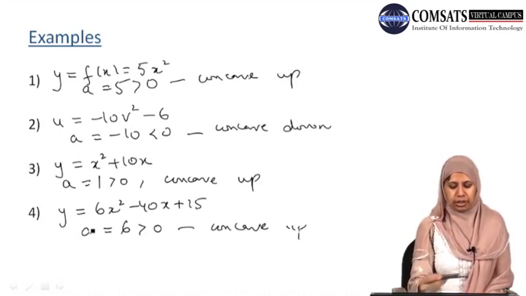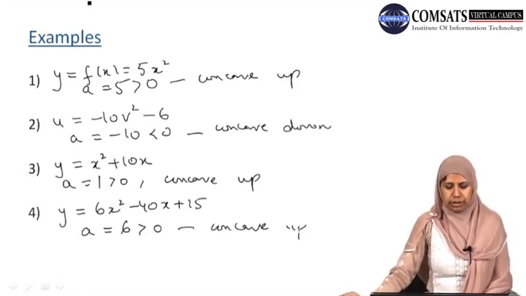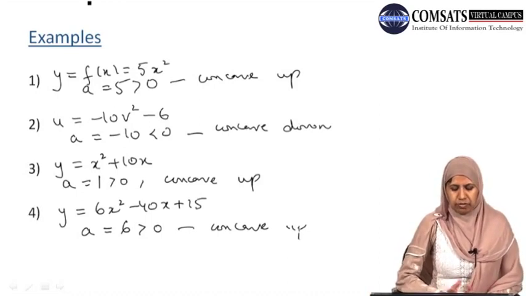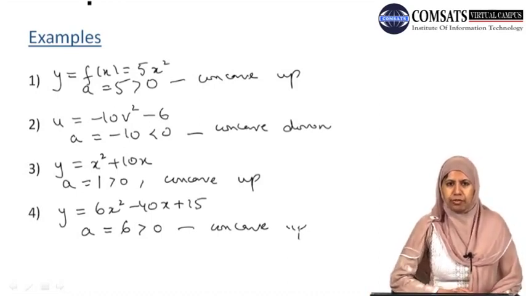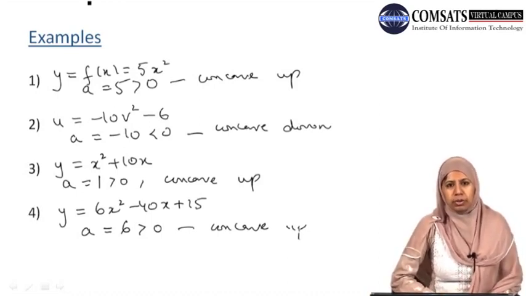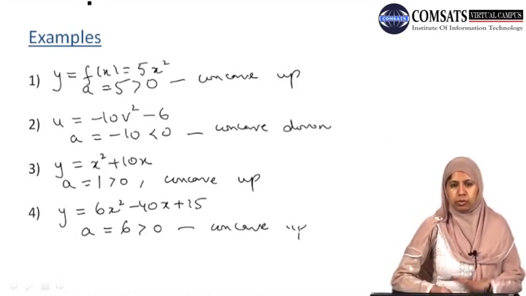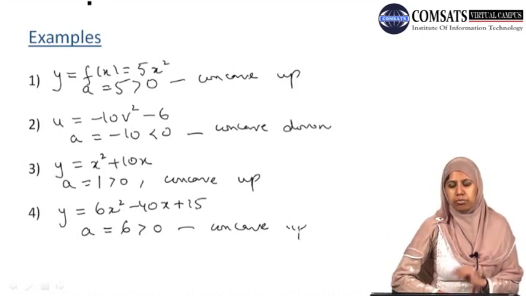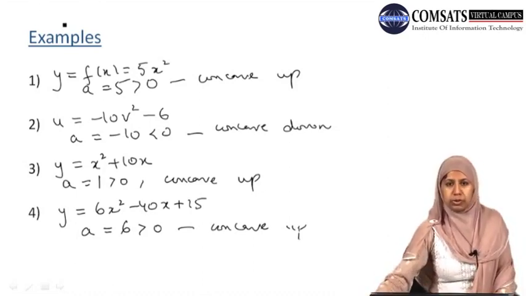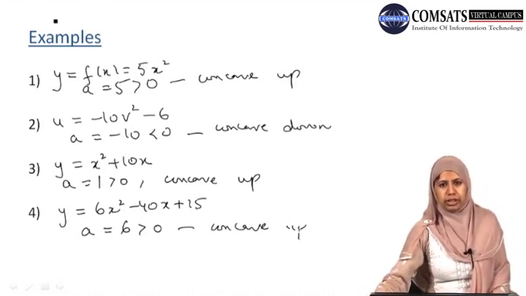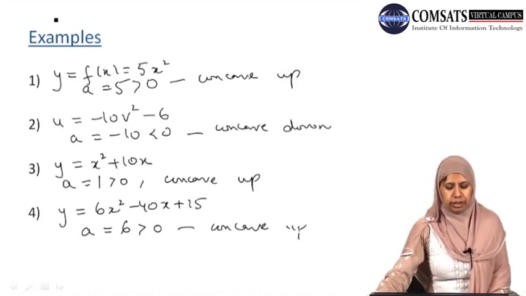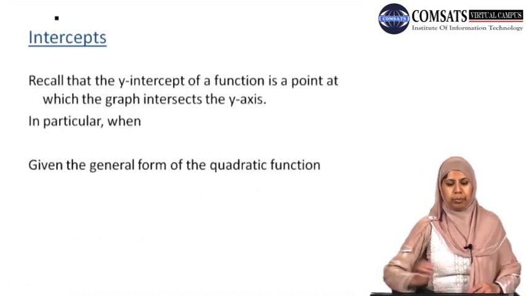So just by looking at the quadratic function, we can tell whether the graph of the function will be concave up or down, or what type of parabola the graph will be, open from top or open from bottom. Now we come to the second point, which is about the intercepts of a parabola.